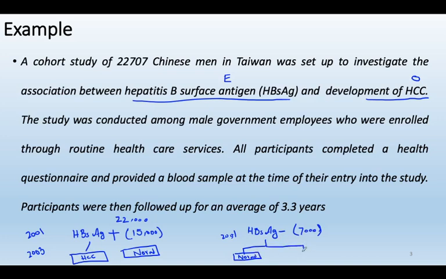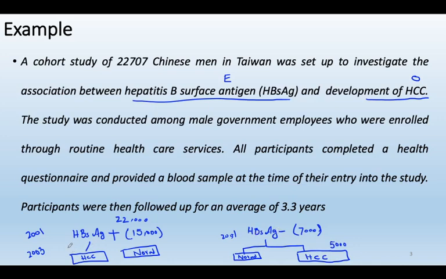while some of them do develop hepatocellular carcinoma or a liver cancer. All right, let's assume there is some number over here. Let's say 5,000 individuals have suffered from liver cancer in the individuals who lack any hepatitis B surface antigen.